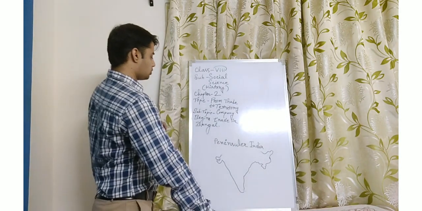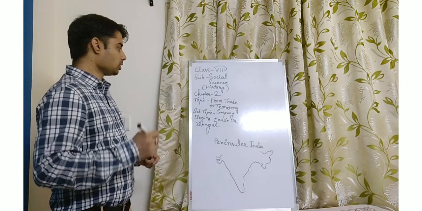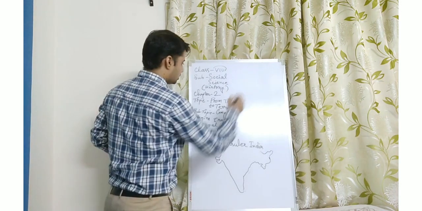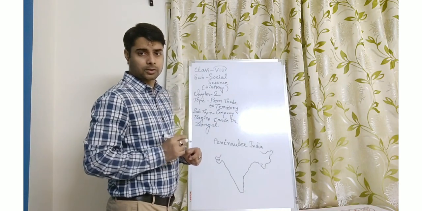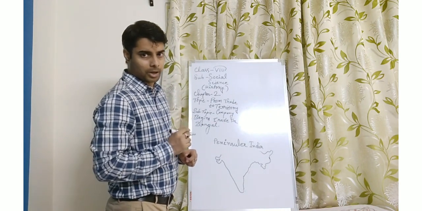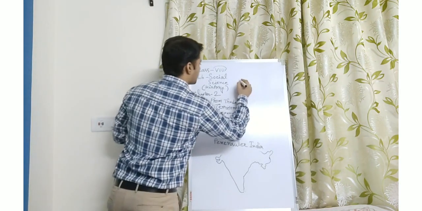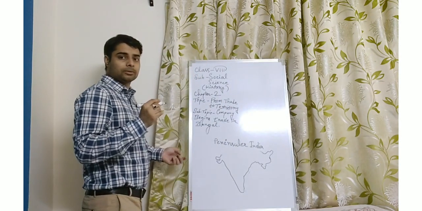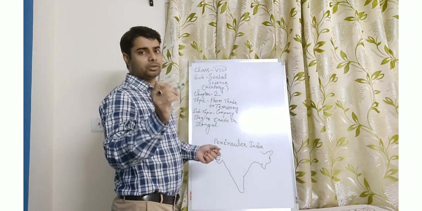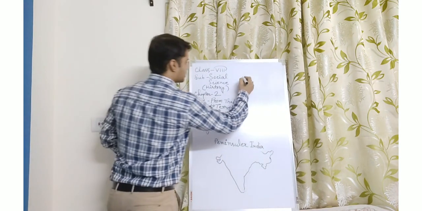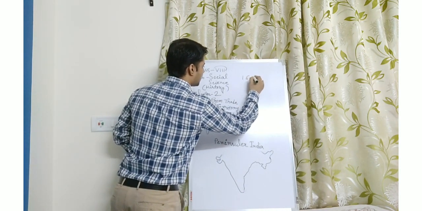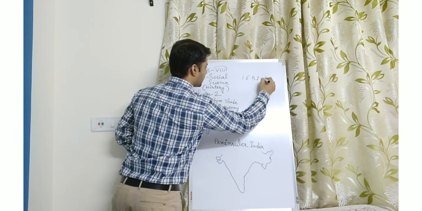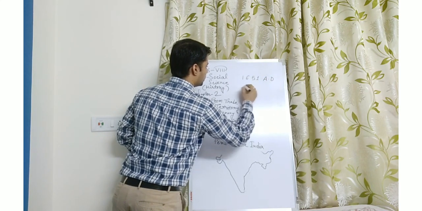Okay. So first of all, we have to know in which year they established their first factory in Bengal. So the British East India Company established their first factory in 1651 AD in Hooghly.